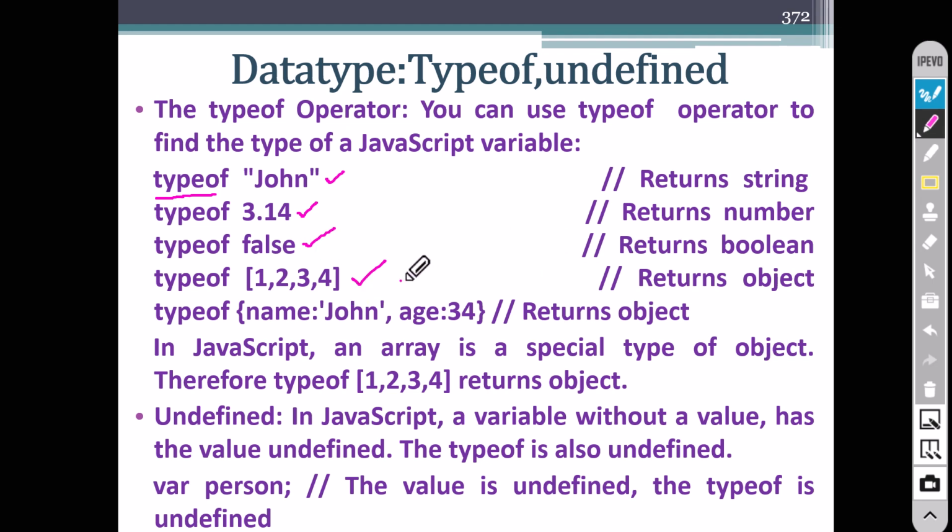And then we have undefined. In JavaScript, a variable without a value has the value undefined, so the typeof is also undefined. So let's consider var n, and then you just leave it. n is not assigned any value, which means the type is undefined.